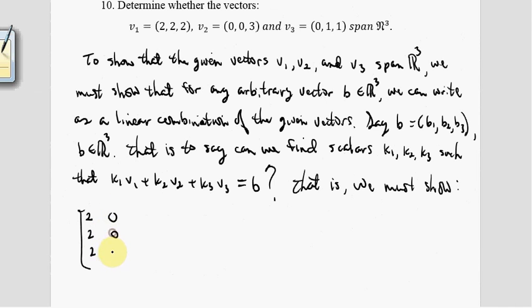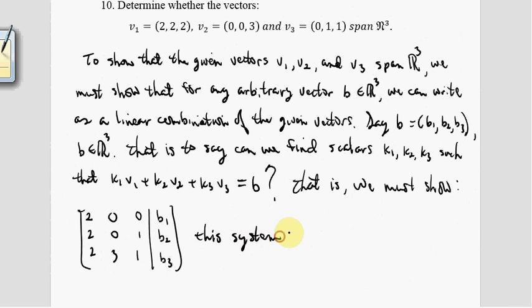V2 is 0, 0, 3. V3 is 0, 1, 1. Here, B1, B2, and B3. That is, we must show here that this system is consistent.